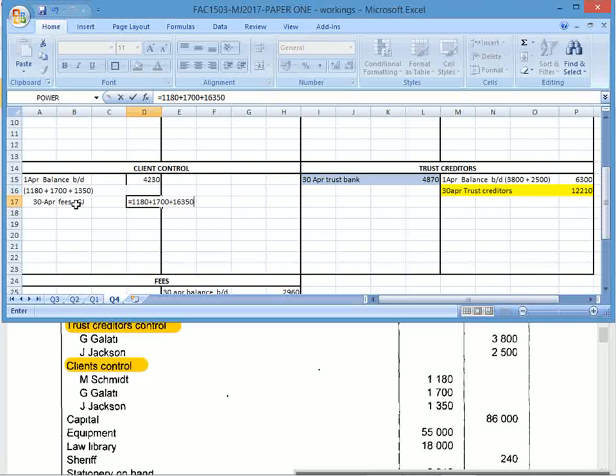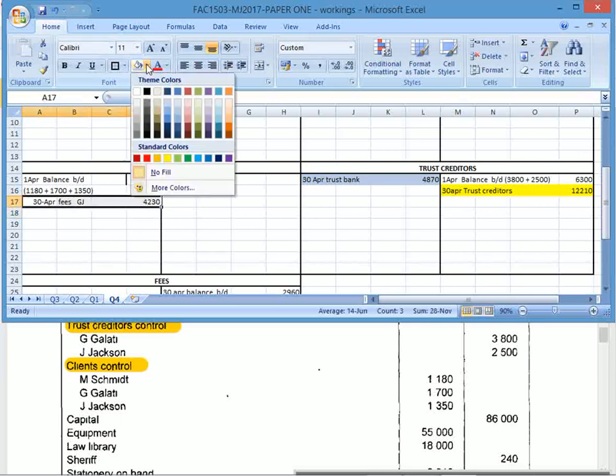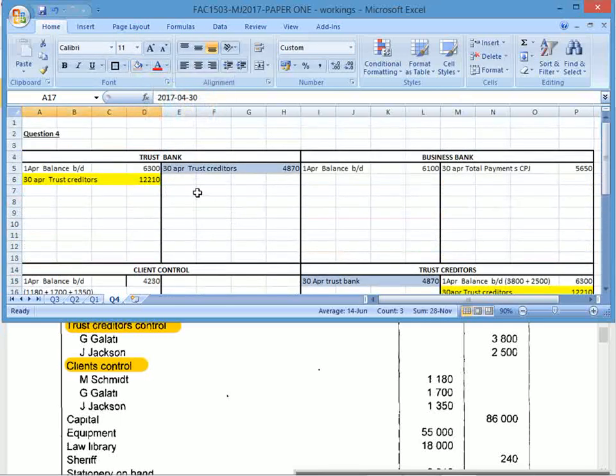If that's correct. Yeah, that looks right. Oh, the last figure is not right. Too many numbers. 1350, that's better. Okay. There's the debit.